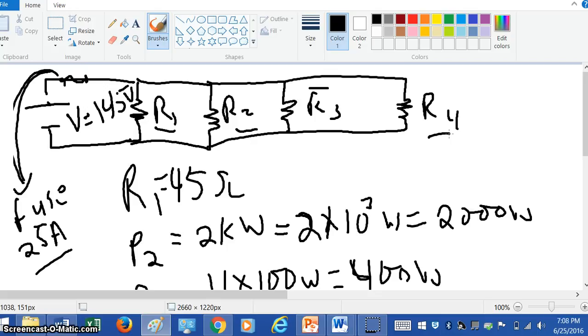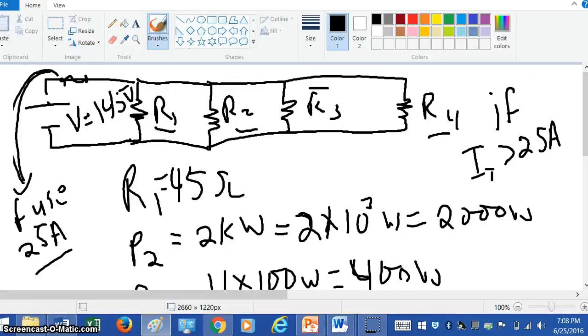If I total is greater than 25, in this case 25 amps, then the circuit breaker will open and shut off power to all these devices. If it's under 25, then it's fine. The circuit will work normally.